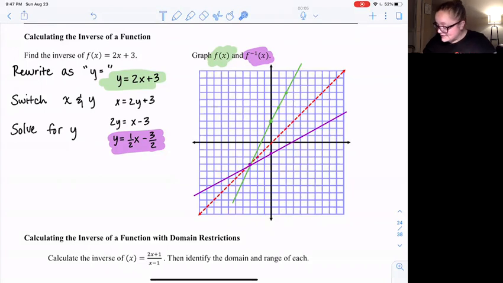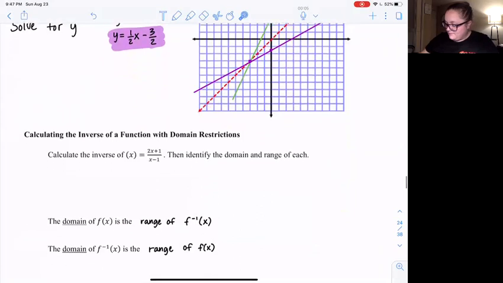They intersect at -3. So when x is equal to -3, the functions are equal to each other, and it looks like they're both equal to -3.